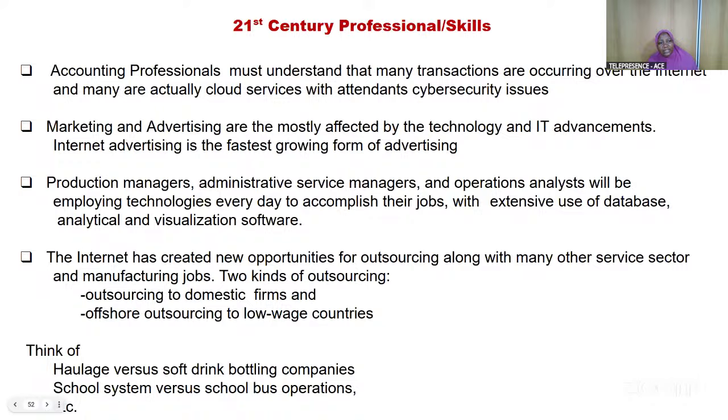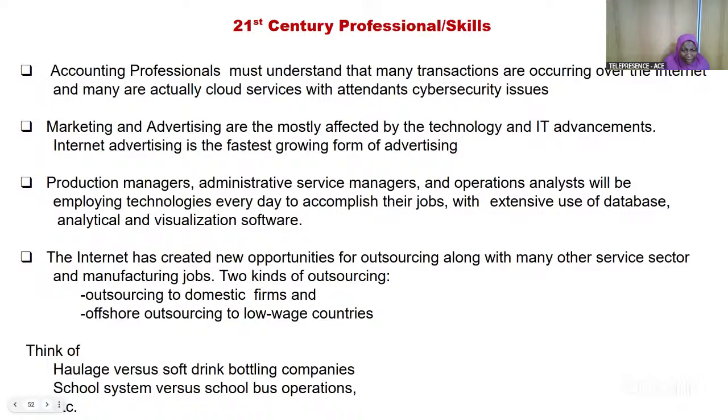The 21st century production managers, administrative service managers, and operation analysts will make extensive use of databases. So he cannot afford to be an analog person.